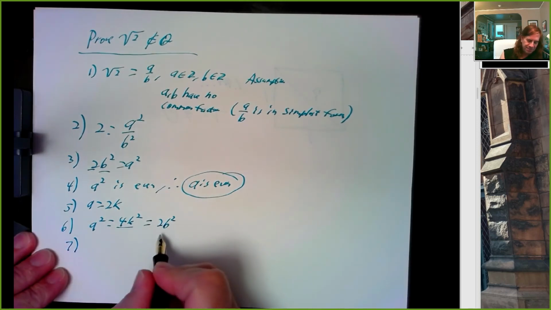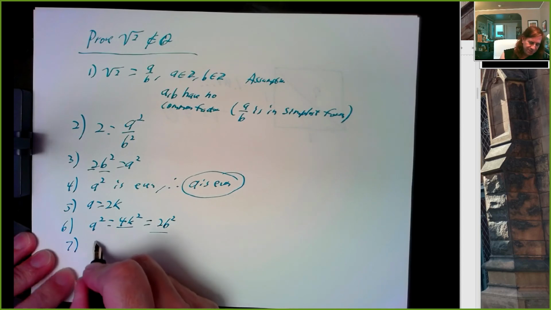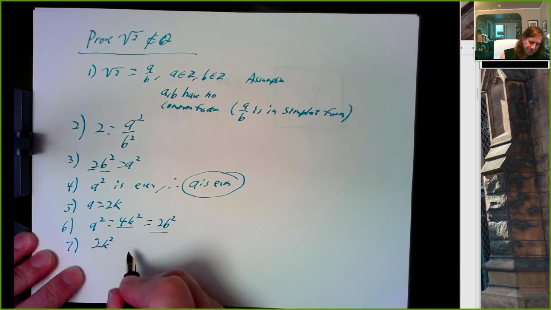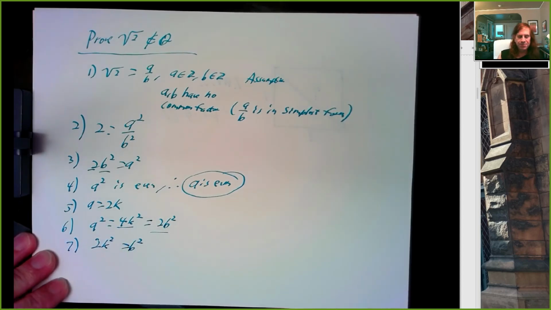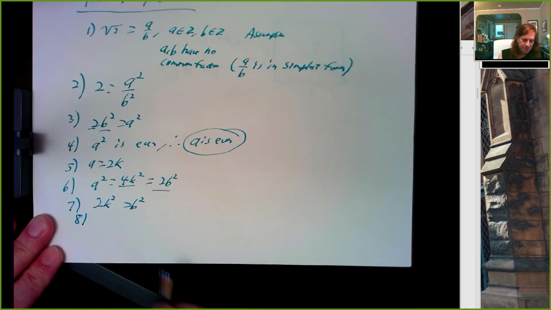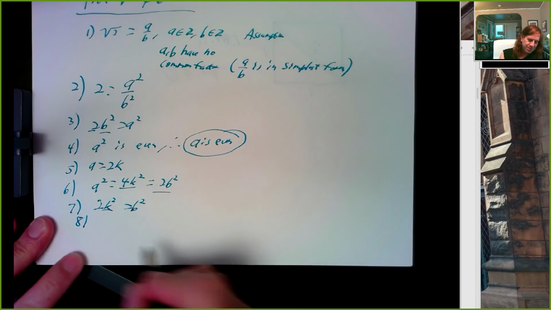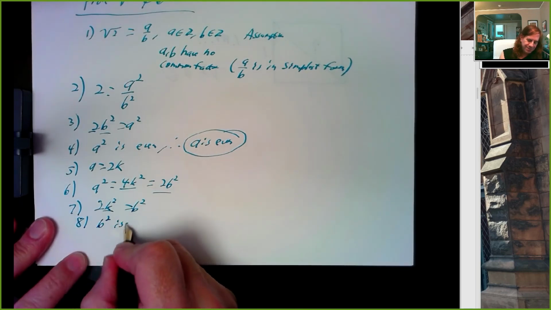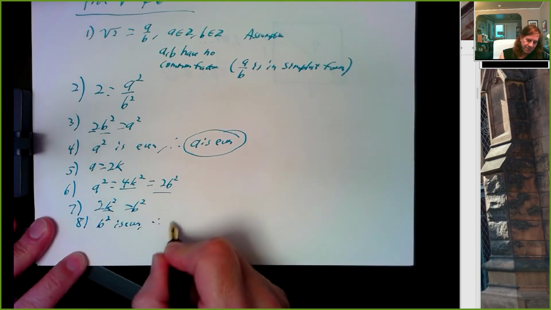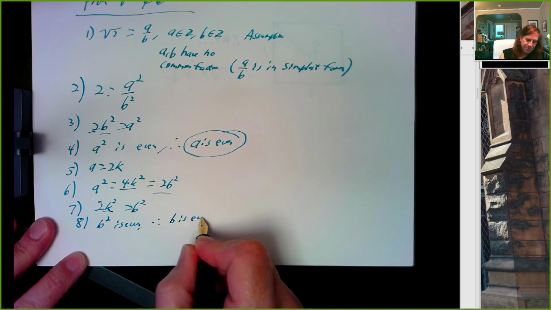If we divide both sides by 2, we find that 2 times k squared is equal to b squared. Which tells us that b squared, since it's twice an integer, is even. Therefore, b is also even.